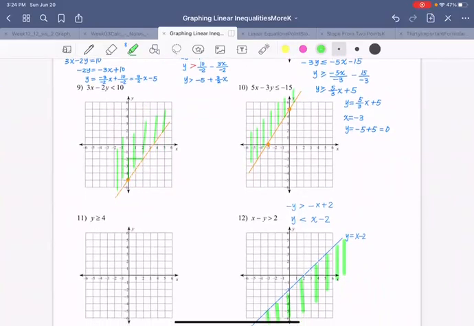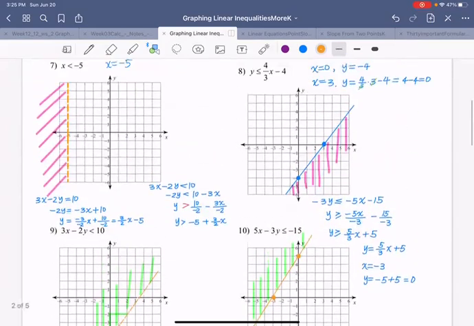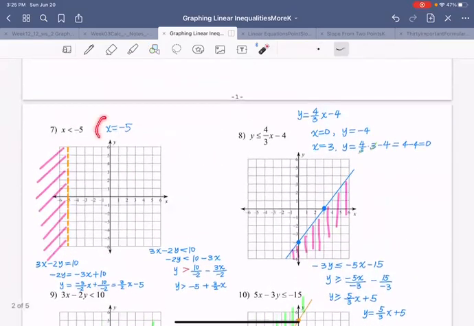Shangli, let's do 11. Tell me, how do I graph this? It's y equals 4. Y equals 4 is what kind of line? The vertical line. Hold on. Look at here. X equals a number is the vertical line.